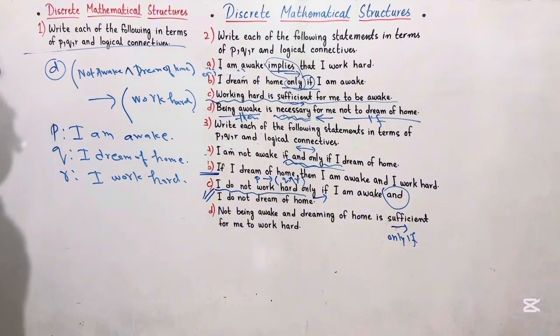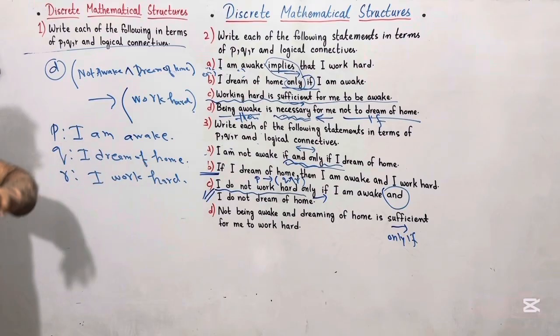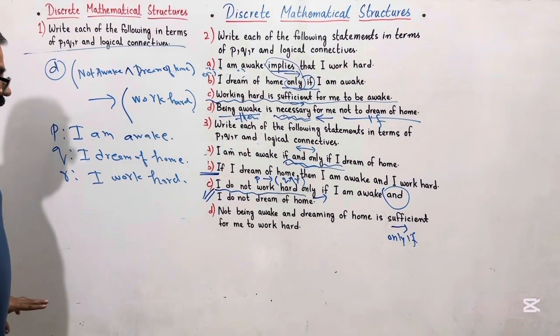Here three things are involved: being awake or not awake, dreaming of home, and work hard. Suppose our P is I am awake, Q, I dream of home, R, I work hard.